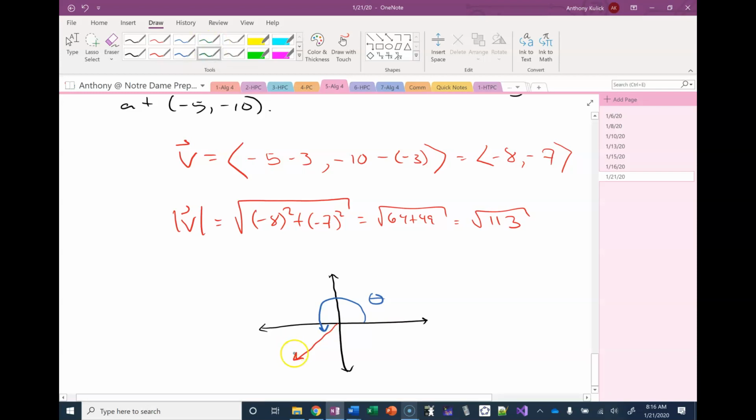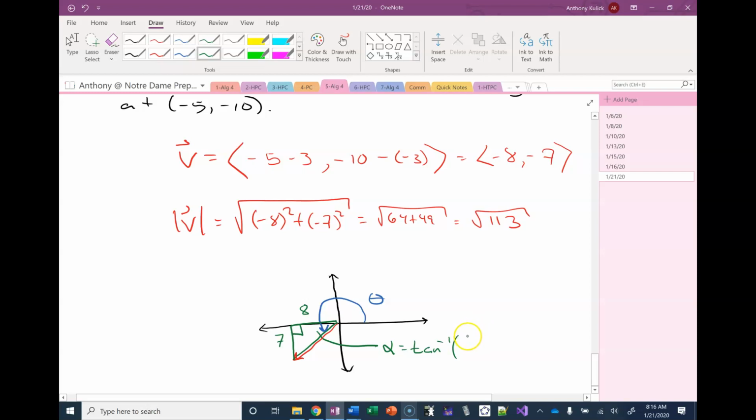So to calculate that angle, I'm going to draw a reference triangle whose side length is the value for x and the value for y. And that's going to allow me to calculate this angle that I'm going to refer to as alpha. That angle that the vector forms with the x-axis.